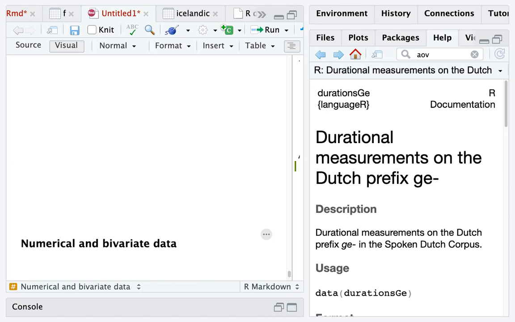Up to now we have looked only at either numerical data or categorical data, but we have seen them singularly.